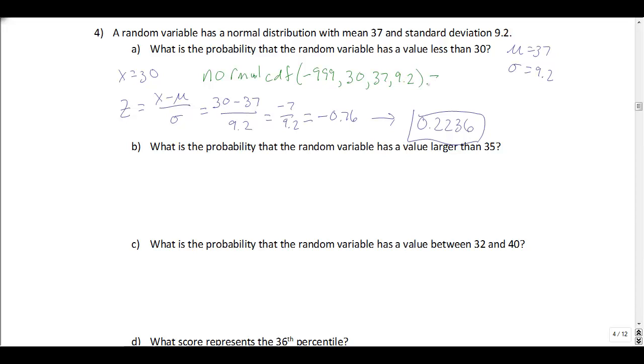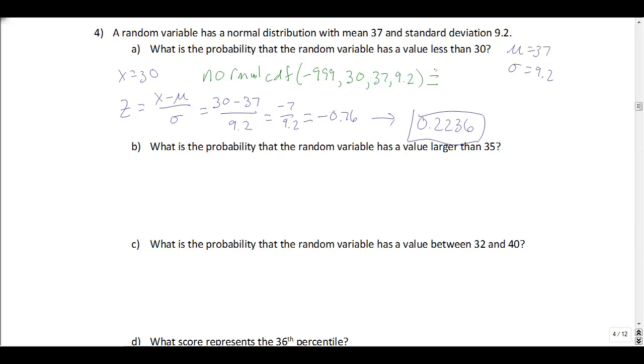So I'm going to calculate that. Note a couple things here. For less than 30, I don't have to go to 29 because normal distributions are continuous. So instead of doing a 29, it's really like 29.999999 here. So it's effectively 30.